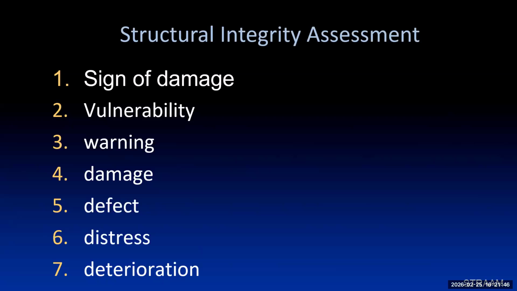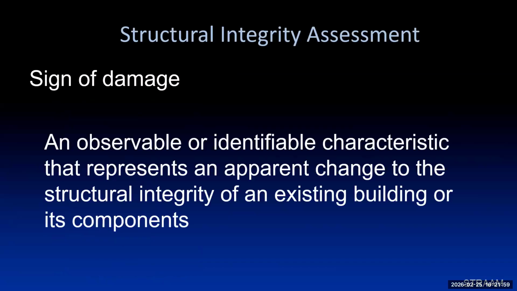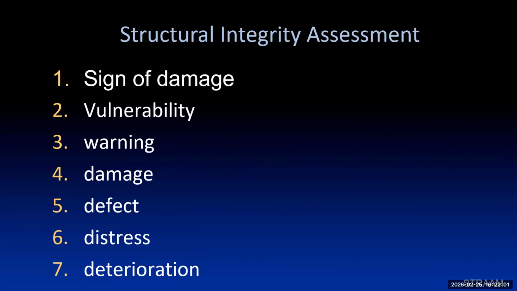I am telling you what my impression is of the way that things are going now. So these are the sorts of things that people are talking about. These include vulnerability, a warning, damage, defect, distress, and deterioration.